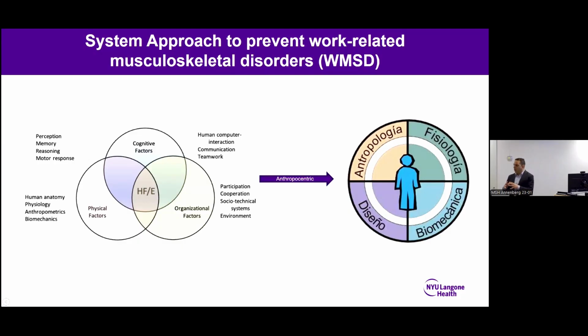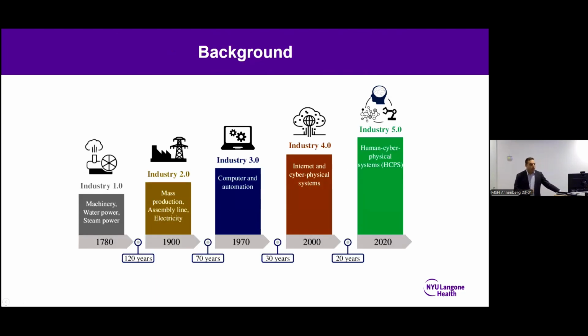In other words, we focus on the person. And of course, we have cognitive factors, physical factors, and organizational factors that influence how we see workplaces. And when we talk about musculoskeletal diseases, we're going to see why this is so relevant.